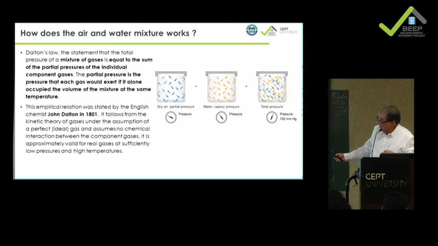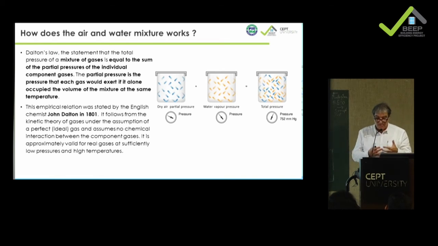So the air here, when it's dry, would be equivalent to the total pressure, the dry air partial pressure. But the moment you add some vapor into the air, the vapor will see its own pressure as if there was no air. If you imagine a container, you put some air and then add some vapor, it will increase the total, but each one would keep its own pressure.